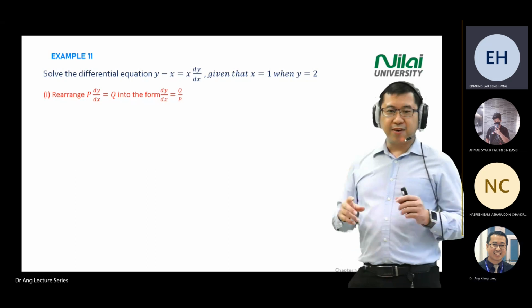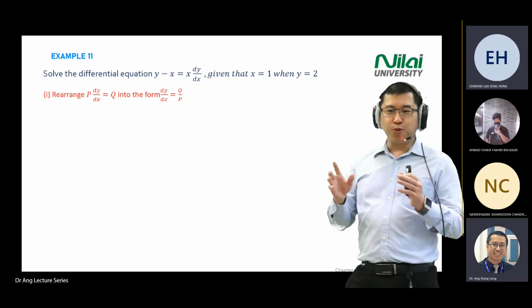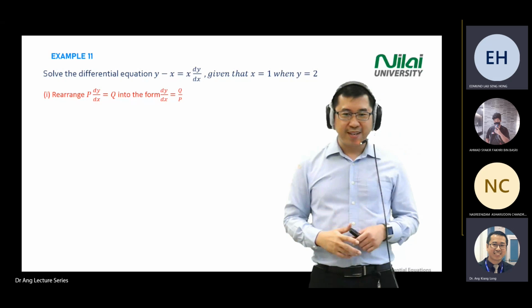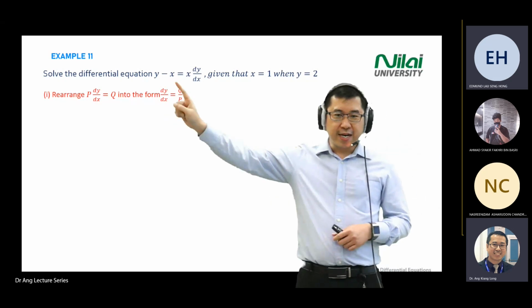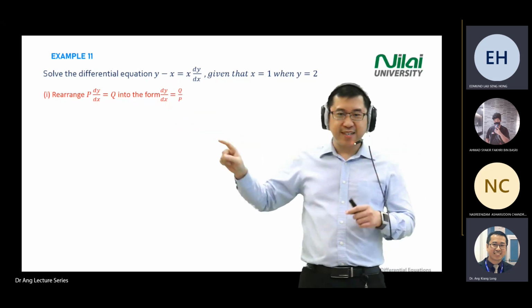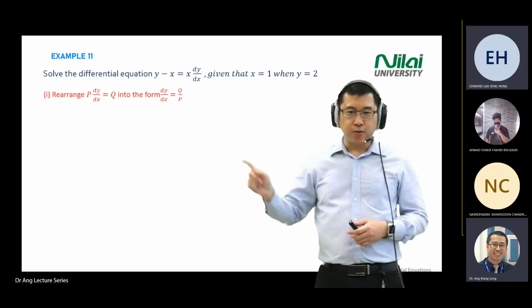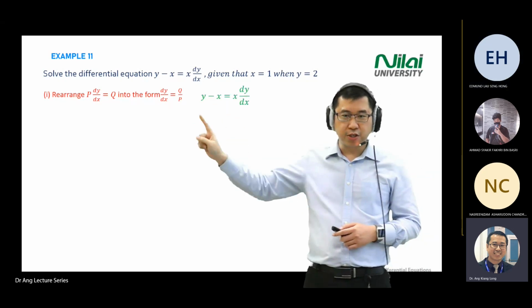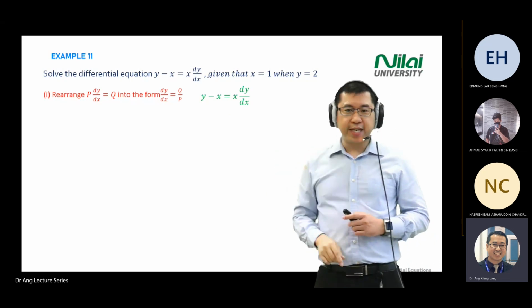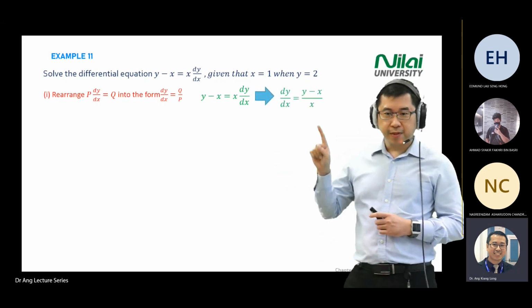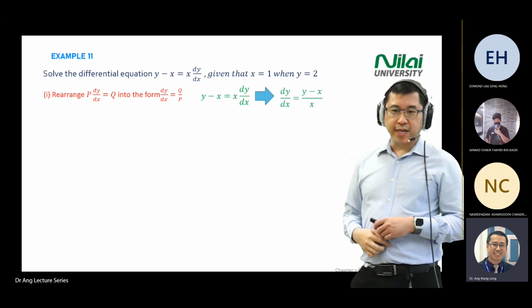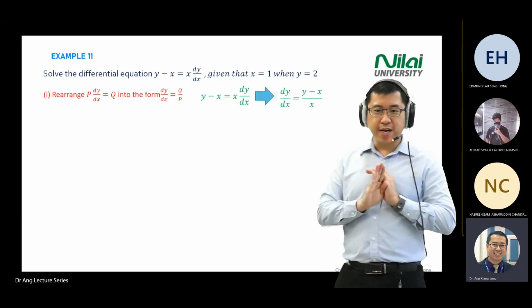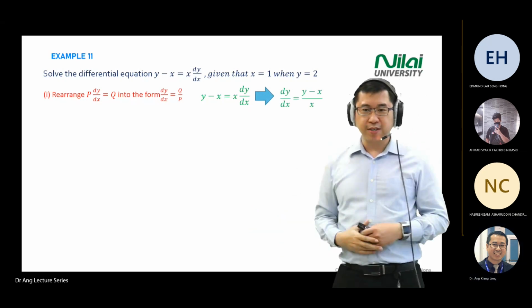Okay, correct, but you have to put it in brackets, Edmund: (y minus x) divided by x equal to dy/dx. This is from the question. First step, put dy/dx on one side. You get this. It is always the same and applies to all differential equations.